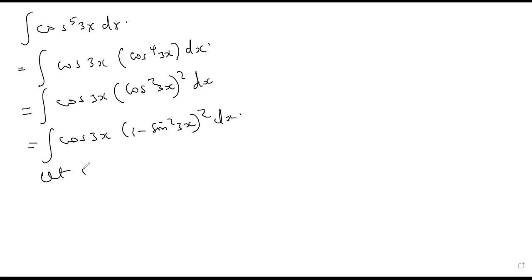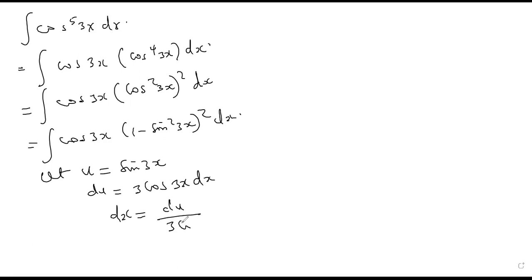If we let our u to be equal to sine 3x here, it means that our du is going to be 3 cos 3x dx when you differentiate, implying that my dx is going to be du over 3 cos 3x, implying that overall it is going to be integral cos 3x into 1 minus u squared then squared times du over 3 cos 3x.